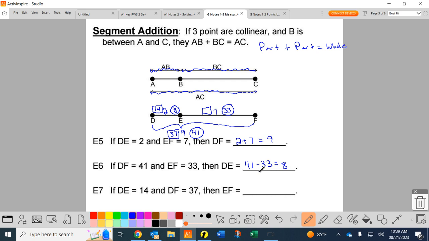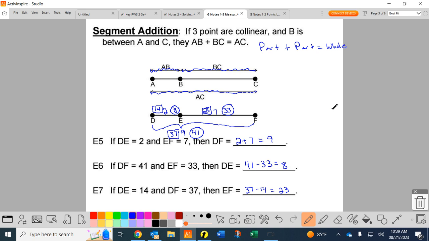What am I going to subtract? 37 to 14. No. I think you mean 37 minus 14. When you say from, though, it turns it around. It's just saying it backwards. Yeah. 14 from 37. That was correct. And what does that give us in the end for that distance for EF? 23. So EF would be 23.